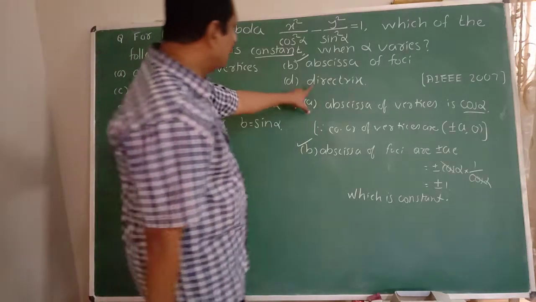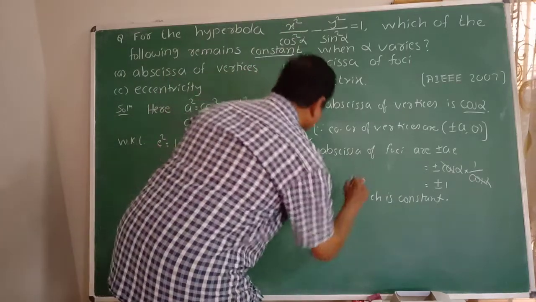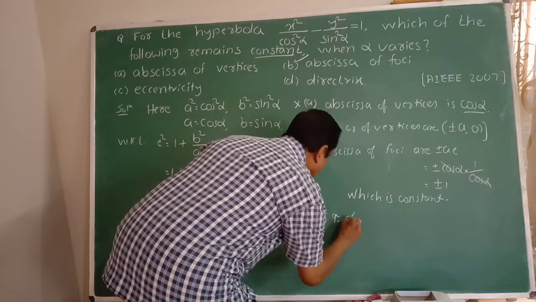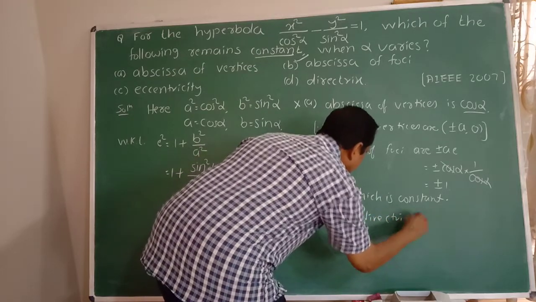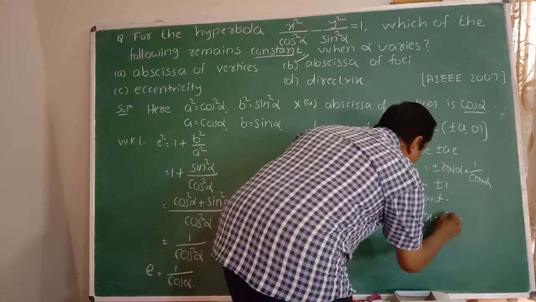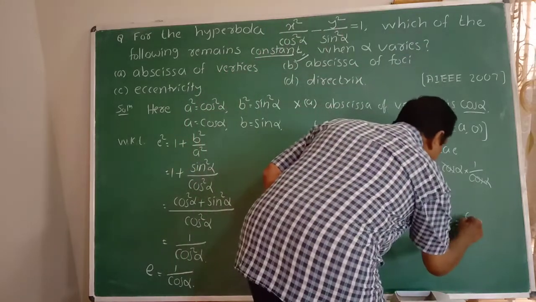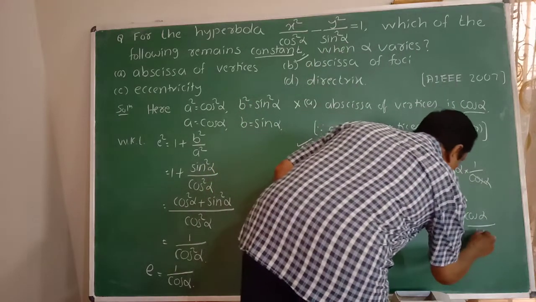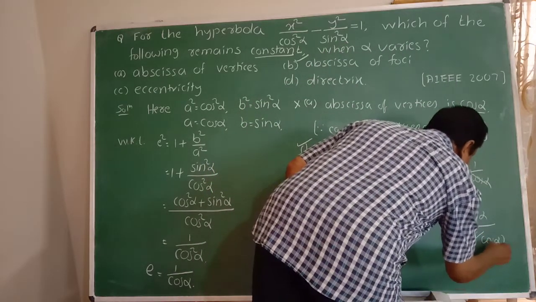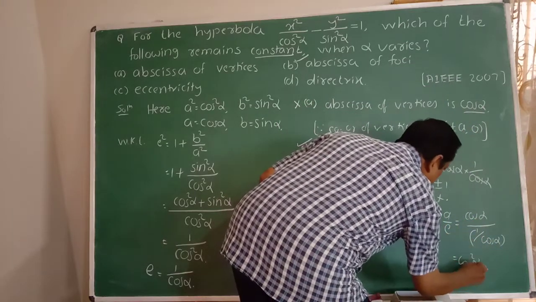And if you take the directrix, suppose the equation of the directrix is x is equal to a divided by e. Here a is cos alpha, divided by e, which is 1 by cos alpha. Taking cos alpha to the numerator, it becomes cos square alpha.